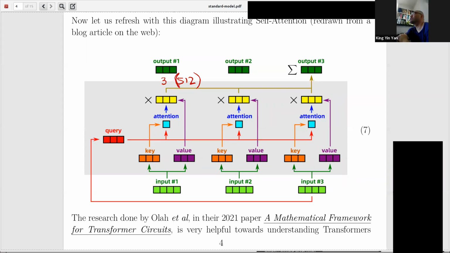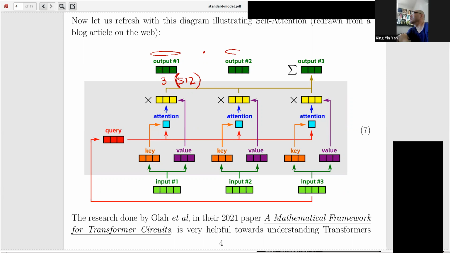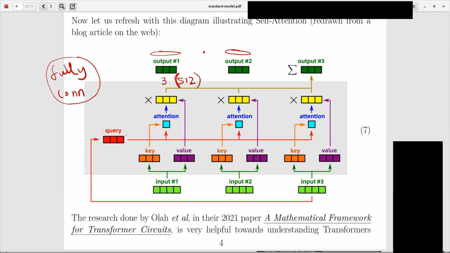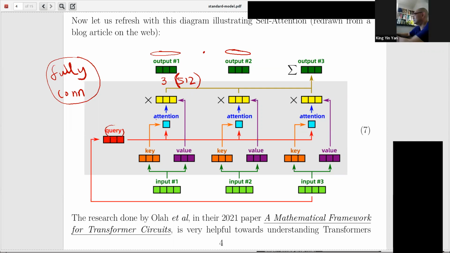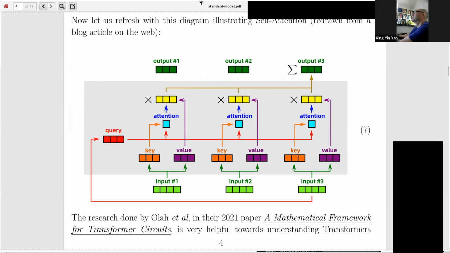Also remember, each one is a word vector, so this is quite long actually. It's a word vector, and then this is concatenated with all these, and if it's fully connected, then this would be a very wide neural network with a lot of weights. You can see that this method is much more efficient, because you only learn the QKV matrices.